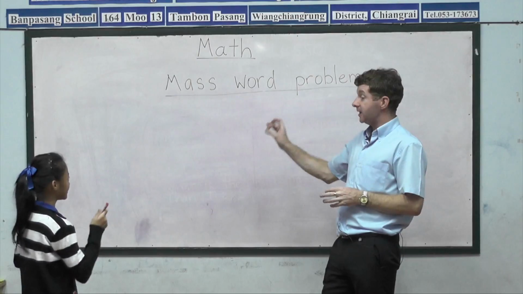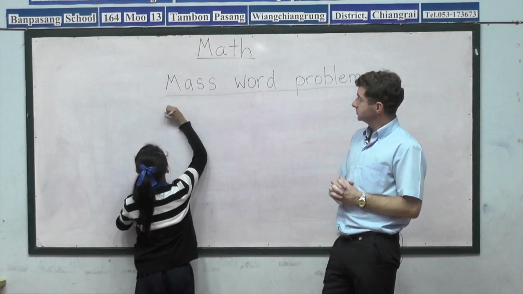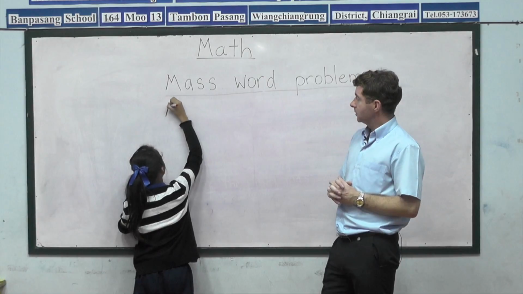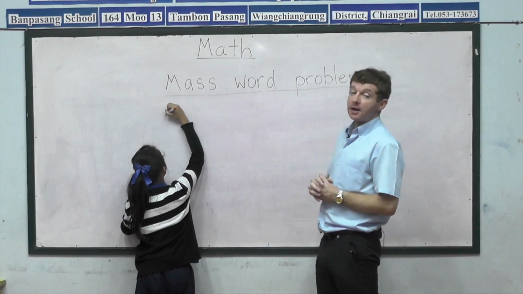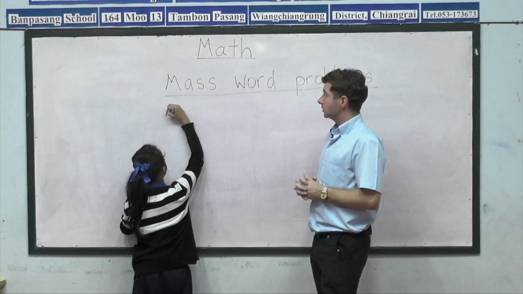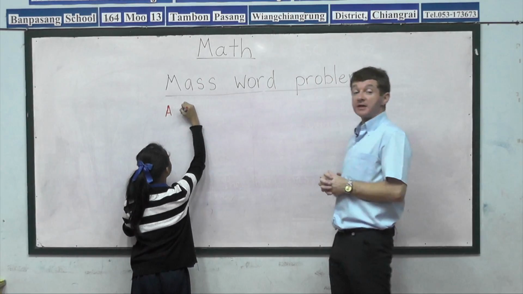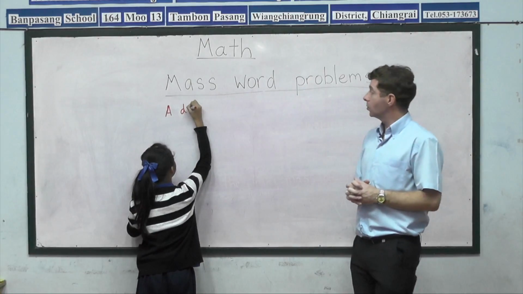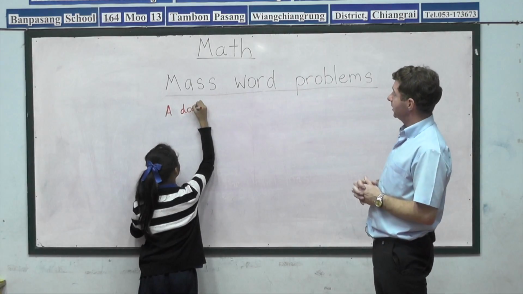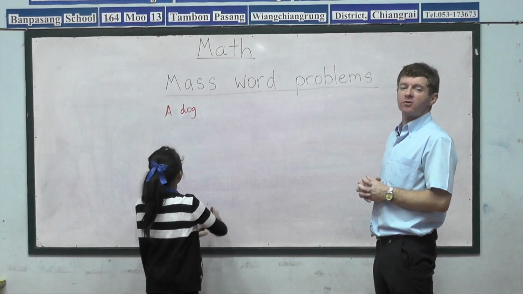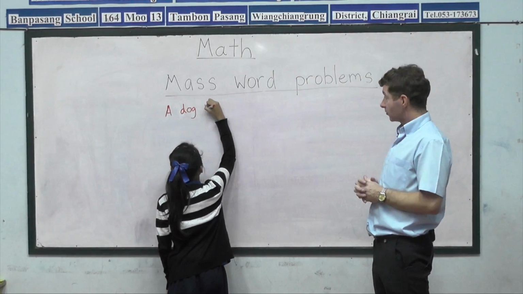You can say A. But what animal? We need the name of the animal. Dog. D-O-G. A dog weighs. How do we spell weighs? Do we remember?